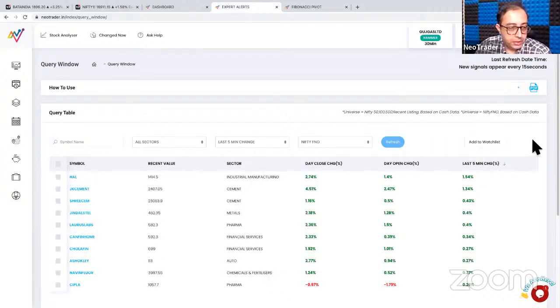Okay. Yes, there is some movement seen in cement. Okay. Jindal Steel, Laurus Labs, Canfin Home. So with Bank Nifty holding up, the financial services are also coming into play.